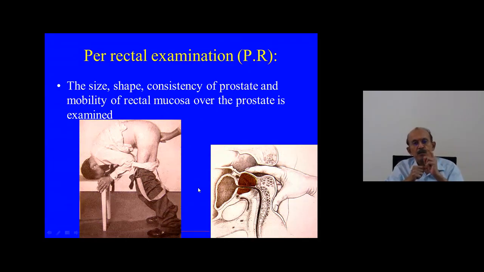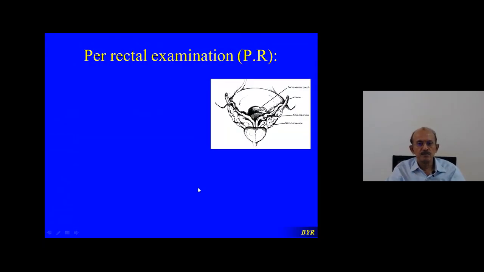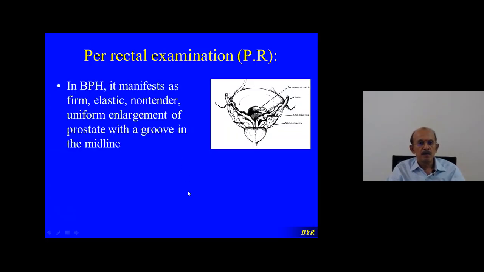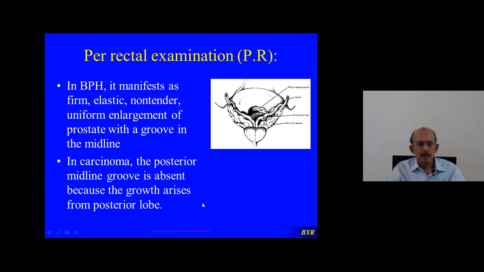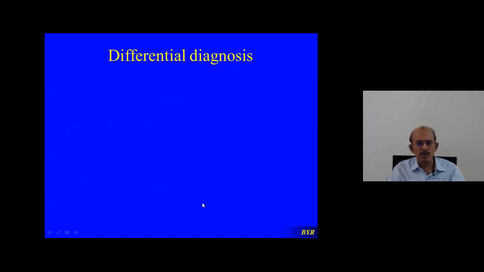When the median groove is present, it indicates benign prostatic hypertrophy. If the median groove is absent, it is due to carcinoma of the prostate. In BPH, it manifests as firm, elastic, non-tender, uniform enlargement of the prostate with a groove in the midline. In carcinoma, the posterior midline groove is absent because the growth arises from the posterior lobe.